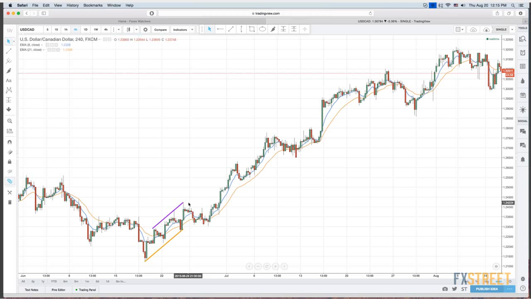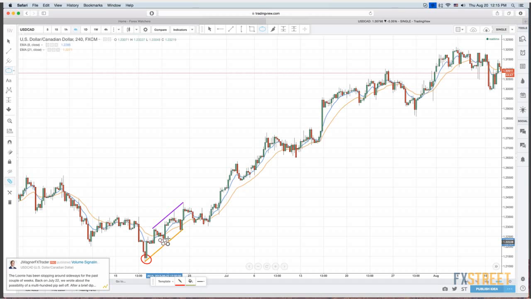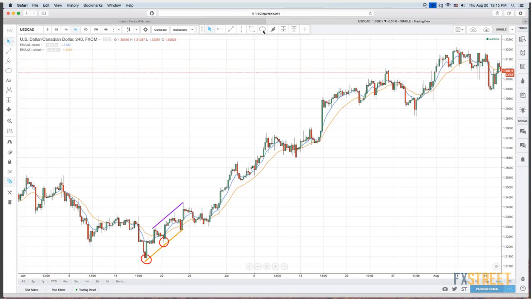Yeah? And what happens when you have a situation like this where the support rises and rises and rises? What does that mean when the support keeps rising like that? Uptrend. Okay?